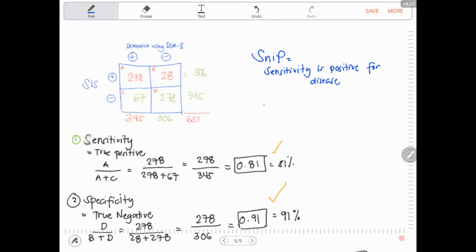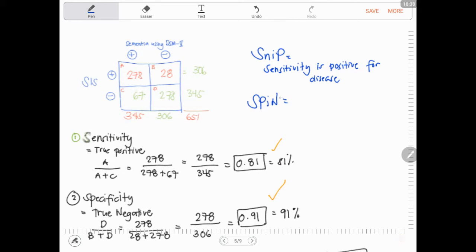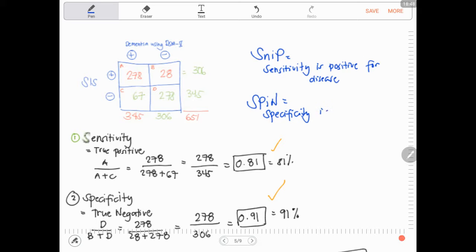Sa specificity naman, I use SPIN. Kasi specificity is, diba? Kanang true negative. So, specificity is negative for disease.